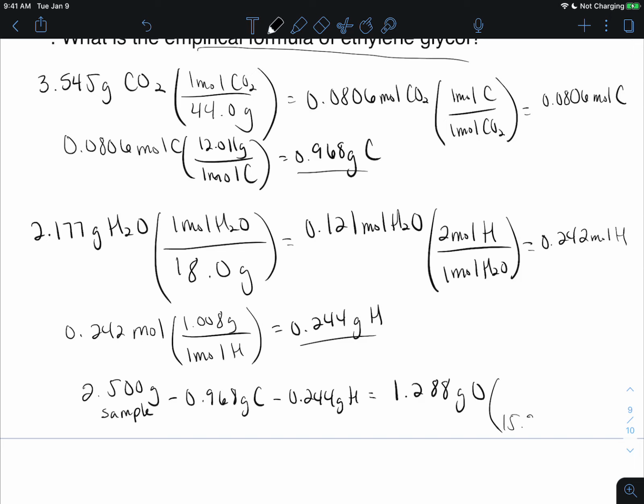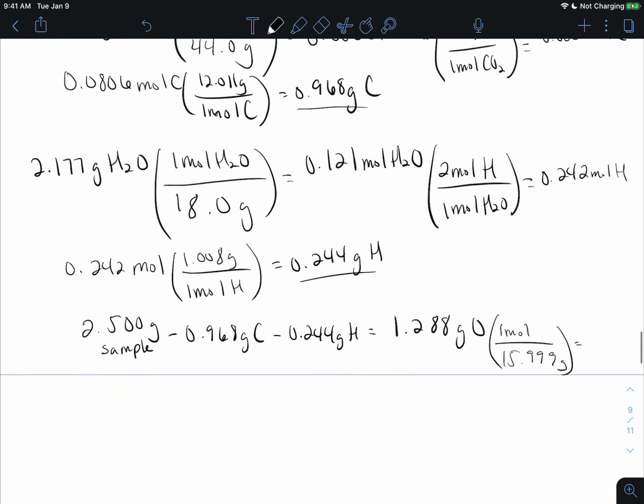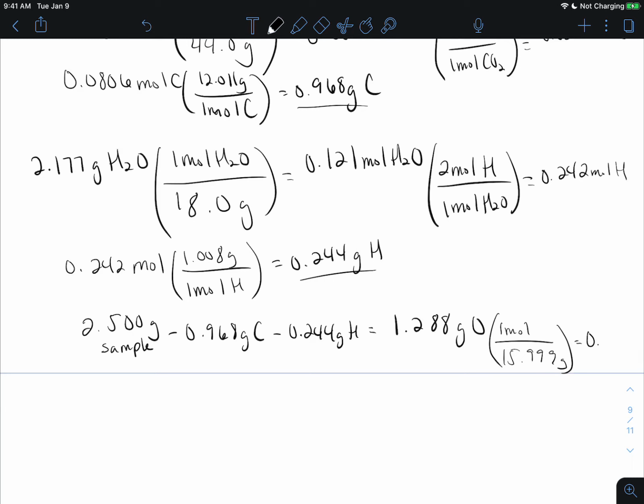Again, this is atomic, so 15.999 grams per 1 mole, giving us 0.0805 moles of atomic oxygen.